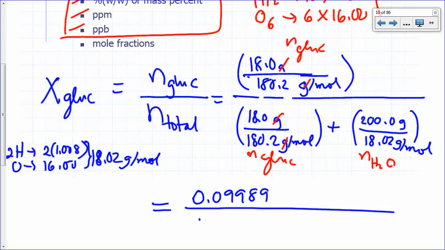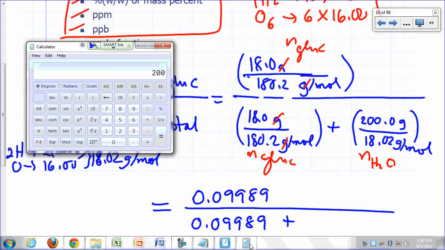And the denominator, your moles are just going to cancel out. Mole fraction is unitless. 0.09989 plus the water. 200 divided by 18.02 gives you 11.099.